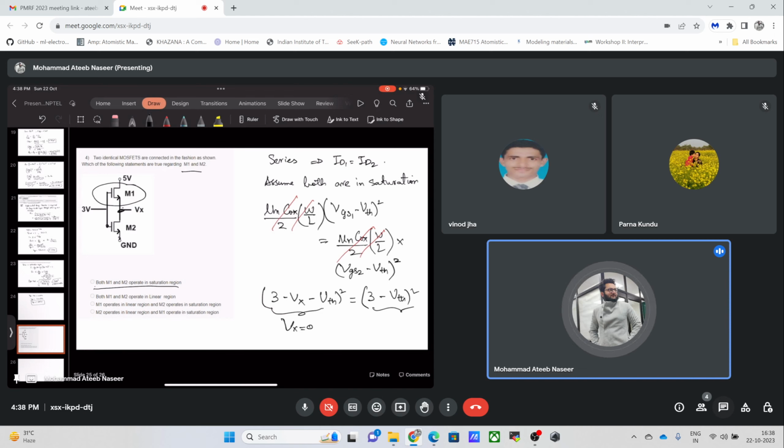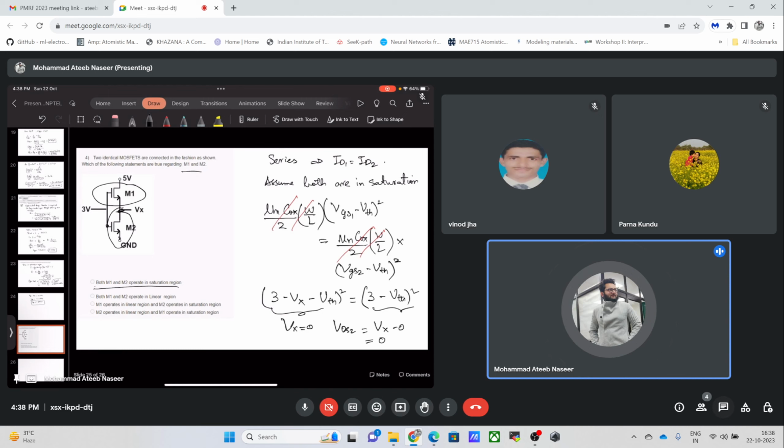So if Vx is 0, what does it imply? It would mean that the VDS bias for this MOSFET, this drain to source bias, VDS2, is equal to Vx minus 0, which is equal to 0, because now Vx is 0.